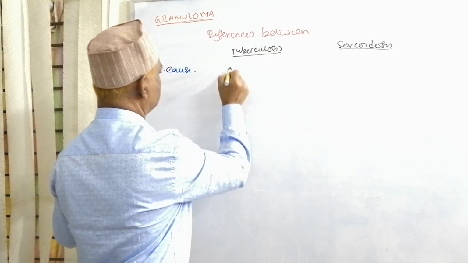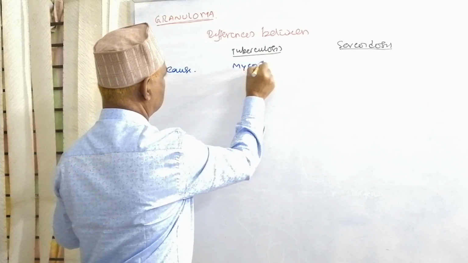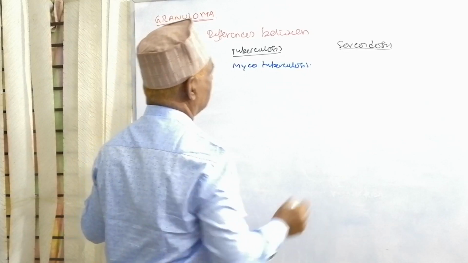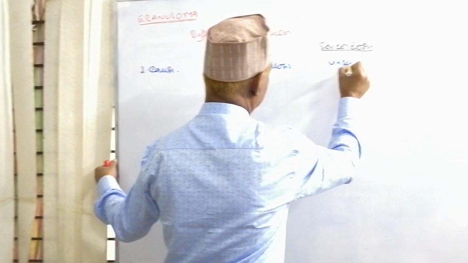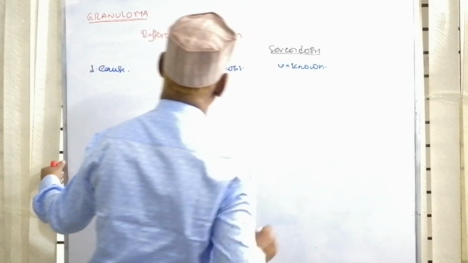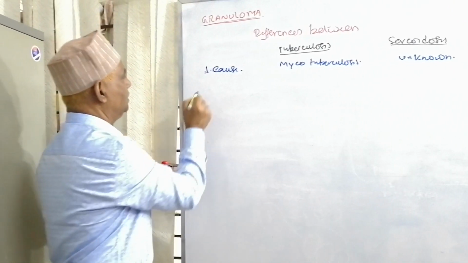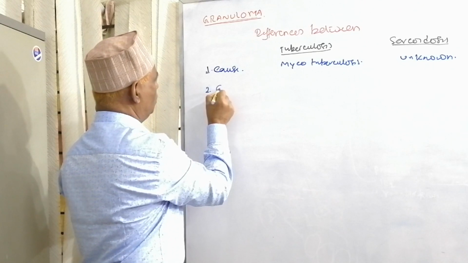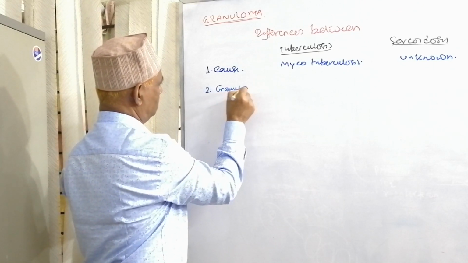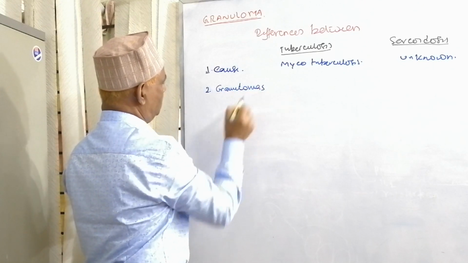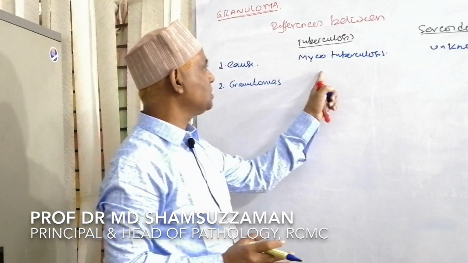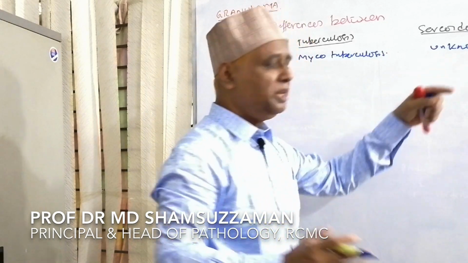The cause of tuberculosis is Mycobacterium tuberculosis. In sarcoidosis, the cause is unknown. It is an immunological disease. Second, granulomas. The microscopic nodular collection of epithelioid cells is called granuloma. At the site of tuberculosis and at the site of sarcoidosis, in both cases we get multiple granulomas.